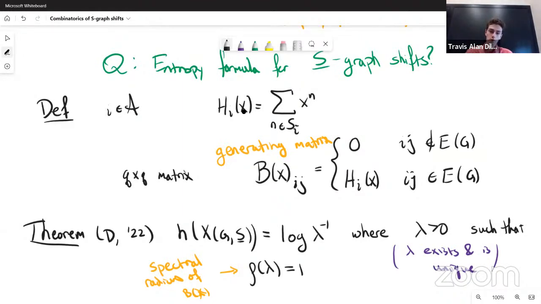Okay, so this is the theorem. This is what I'm aiming to prove for the rest of the talk. Unless there's any confusion, I'll go ahead and talk about the main points, how you actually go about proving this, to see how this matrix B of x comes into the picture.